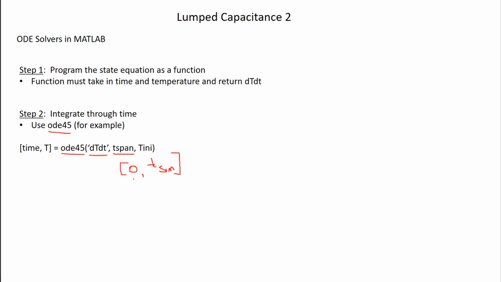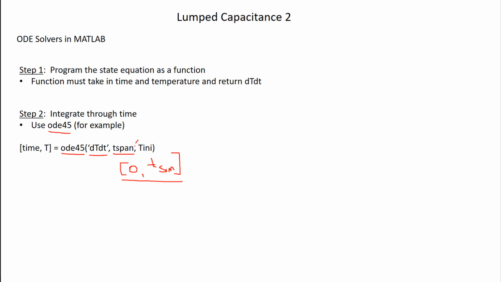If I only want information at a certain set of time steps, then I can actually give it here a vector of those times, and it will give me back the temperature only at those times. It, again, will have nothing to do with the time steps that are actually used in the integration. This is just a way of controlling the output. So it's like in the integral table, when I gave time a certain step, it would then only give me back the information at those times, but it had nothing to do with the actual integration.